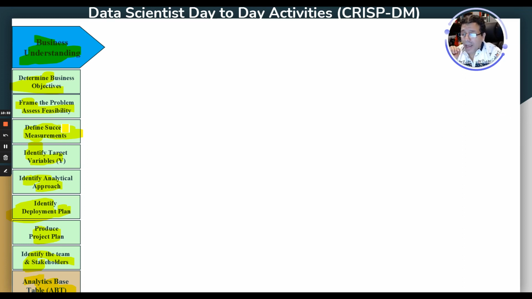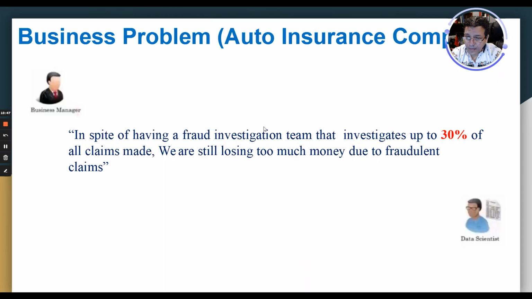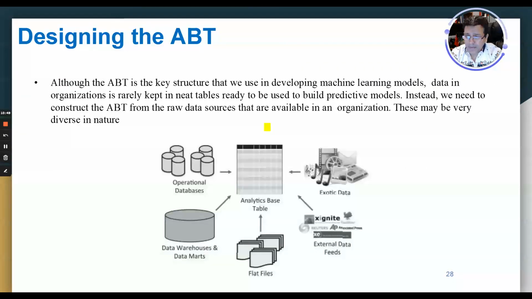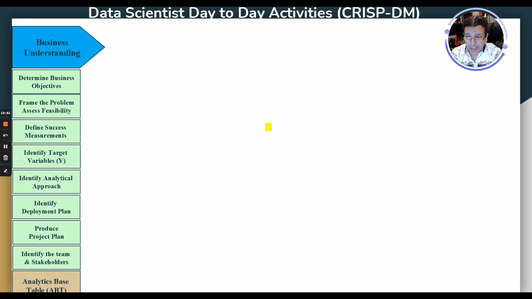Okay, so by now you should have a clear understanding of what needs to be done to understand the problem that you are about to tackle using analytics. Okay, and then we are going to move into data.